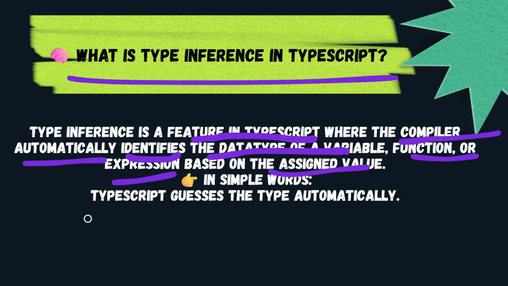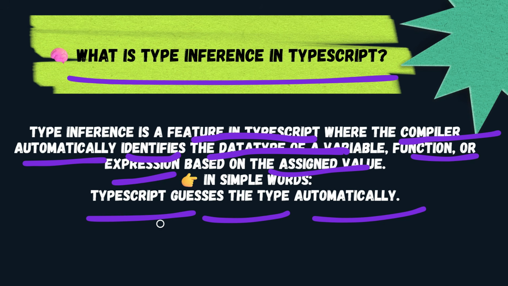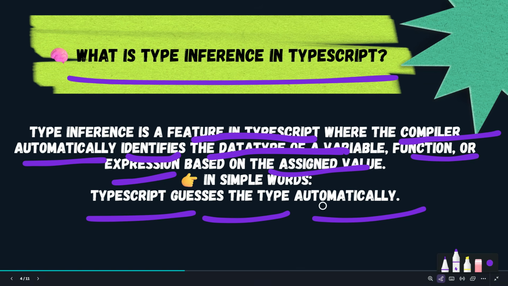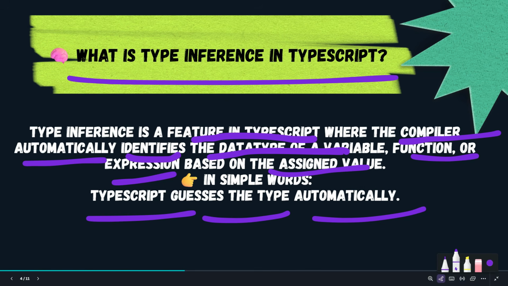In simple words, TypeScript guesses the type automatically. TypeScript automatically detects the type of variables without you writing the types. Let me show you examples so that you will understand. This is what inference is.